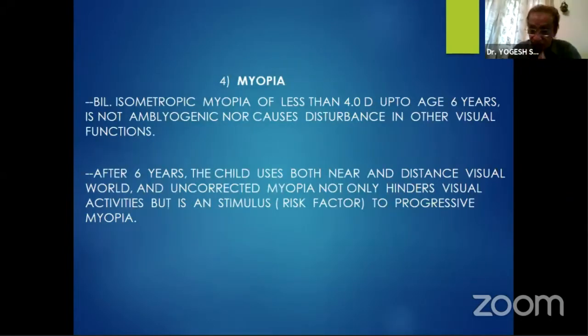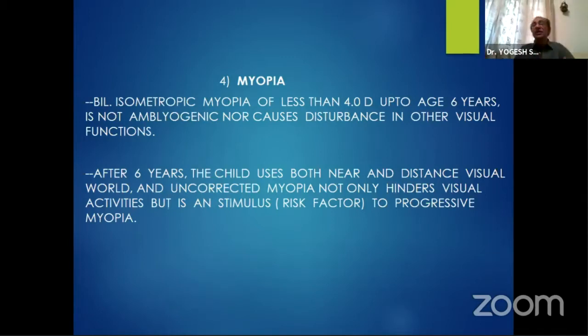Myopia. Bilateral isometropic myopia of less than 4 diopters up to 6 years of age is not amblyogenic. Now you see, bilateral and isometropic means myopia of the same degree in both eyes, of less than 4 diopters up to 6 years of life. It's very simple.